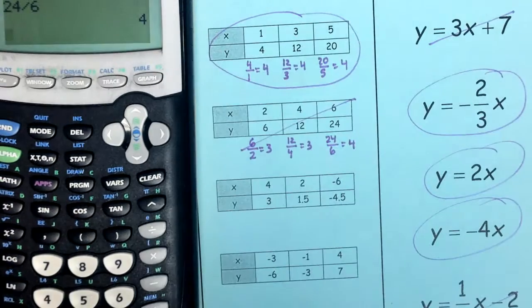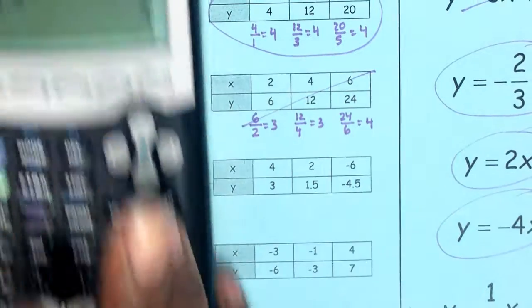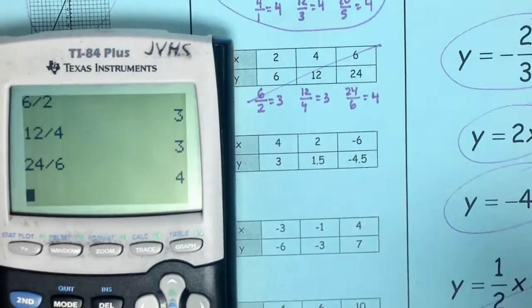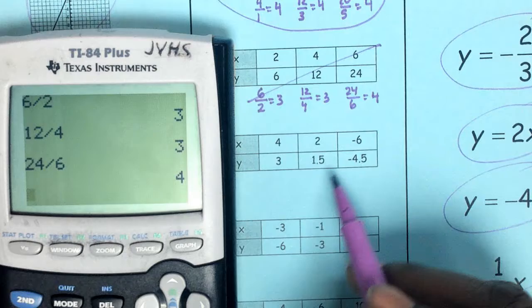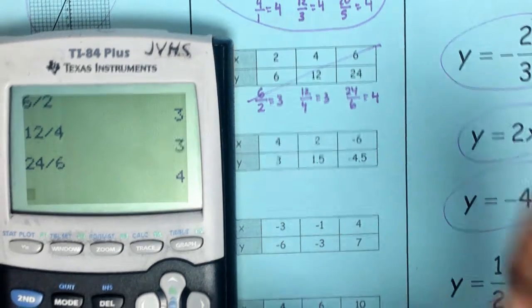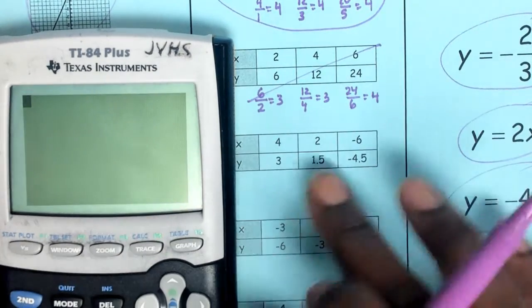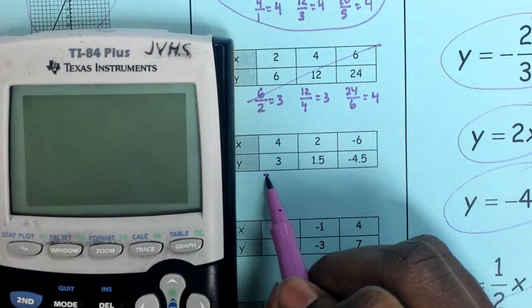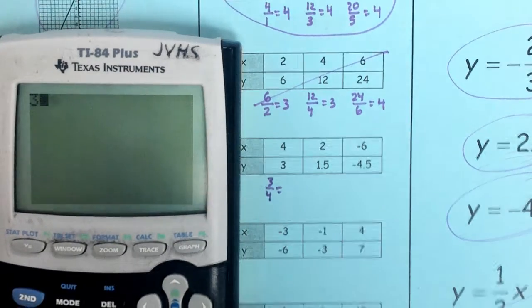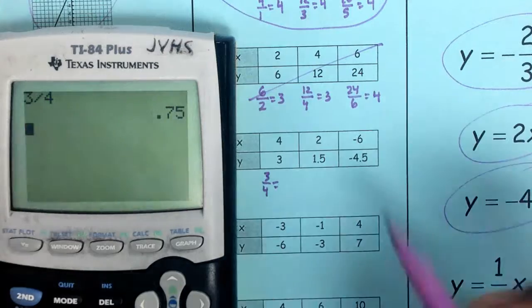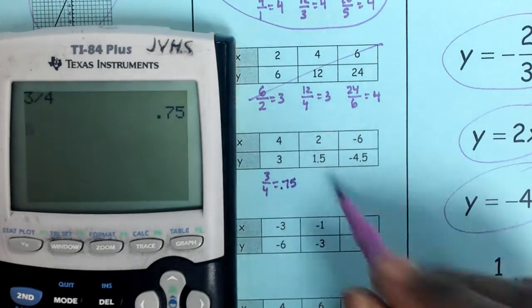I'm going to continue with the third one, but you're going to be trying the other ones on your own. It looks funny because it has decimals. Don't let decimals scare you. We have a nice calculator over here that helps us divide decimals. Remember the ratio, y divided by x. That's 3 divided by 4, 0.75.